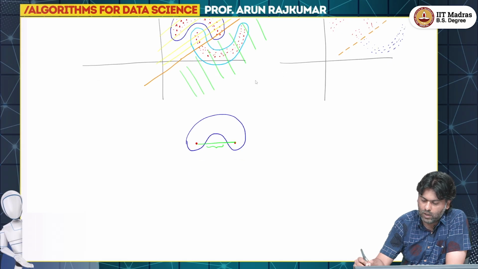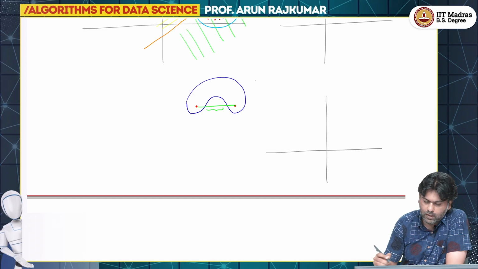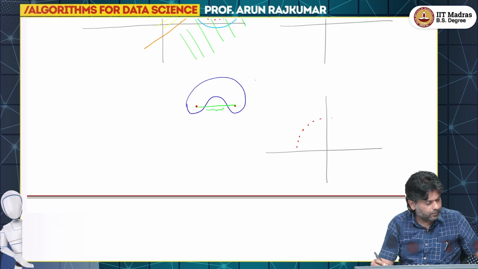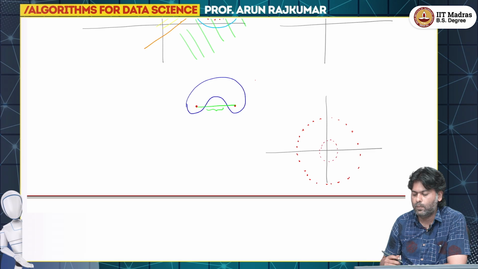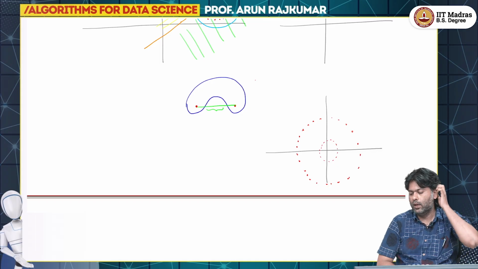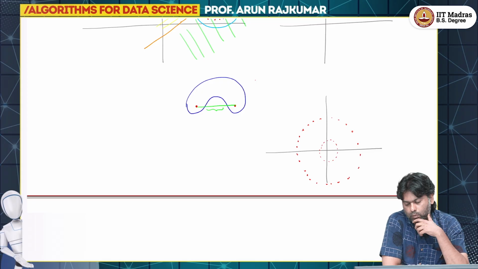Now, it's not too hard to come up with other data sets which have this property. Another simple example would be a data set like this, something like a concentric circles kind of data set, with two concentric circles. Again, intuitively, I might want the inner concentric circle to be one cluster and the outer concentric circle to be another cluster.